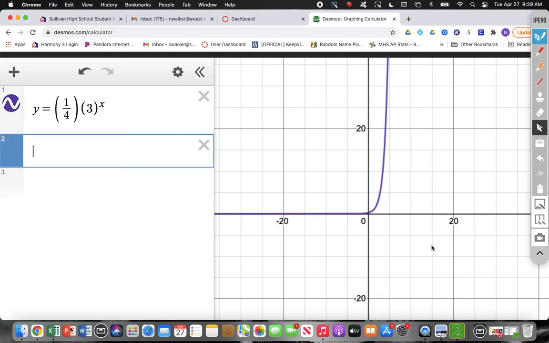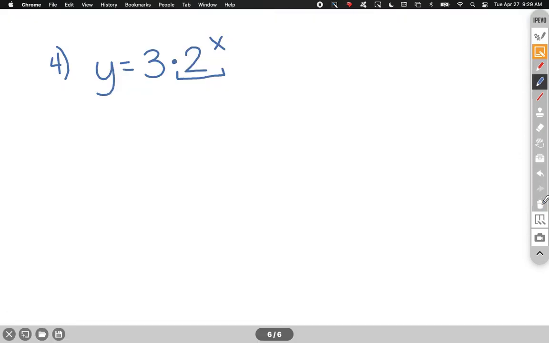So if we want to go back to this page, anytime you have a coefficient in front of this, you're only looking at the base. This value has no effect on growth or decay.